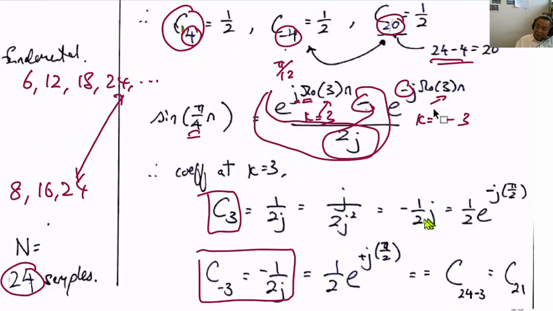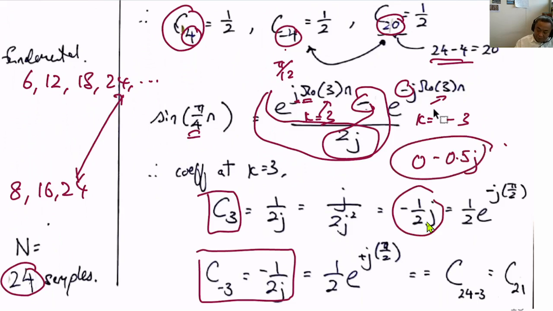With the half, this number is actually 0 minus 0.5j. So the magnitude is 0.5, and the phase is minus 90 degrees. So it's minus pi over 2 over here.